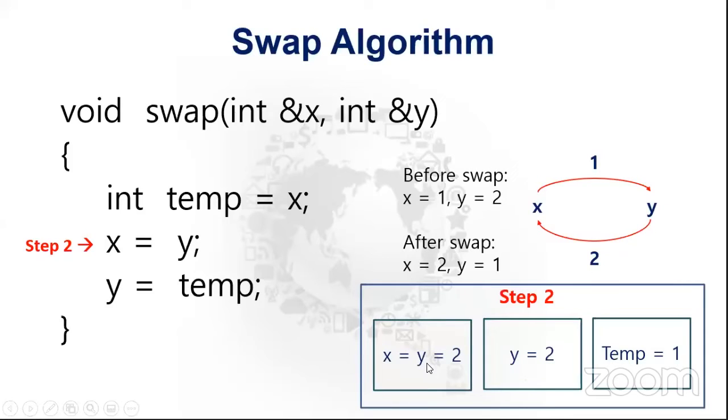So x is equal to y, which is equal to 2. So x will have the value 2. And in step 3, we assign the value from the variable temp to the variable y. So y is equal to temp is equal to 1. And therefore, y is equal to 1. The final result is that after the swap, x will have the value 2 and y will have the value 1.